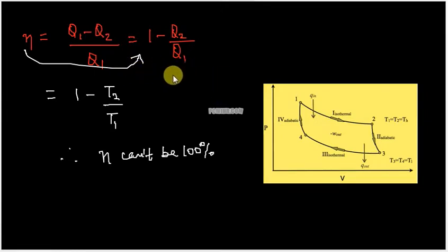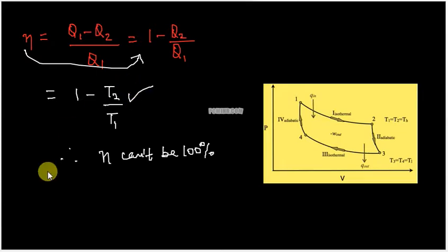So from this equation we can say that the efficiency of a Carnot engine depends on the temperature of the source T1 and also the temperature of the sink T2. It does not at all depend on the nature of the working substance.